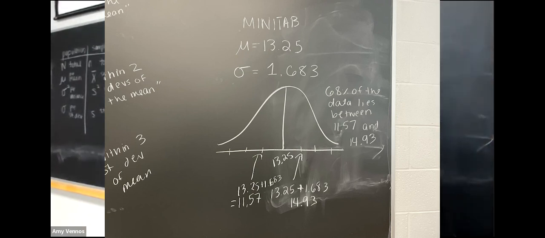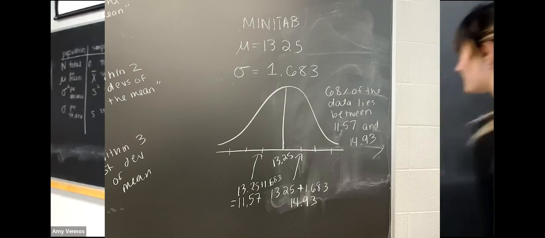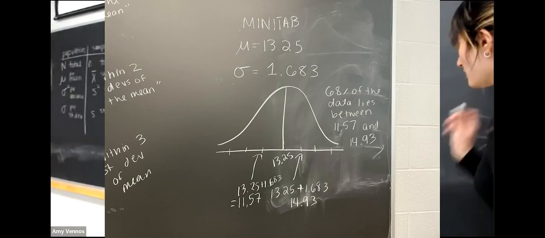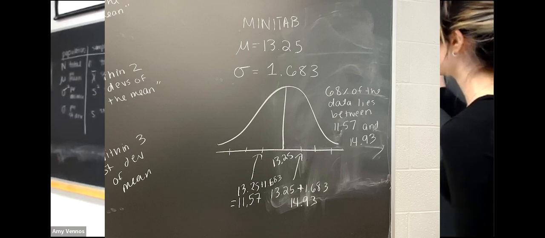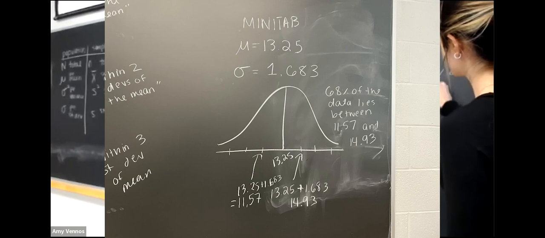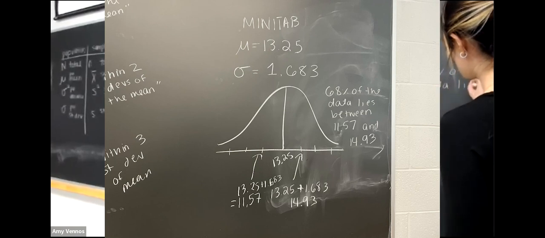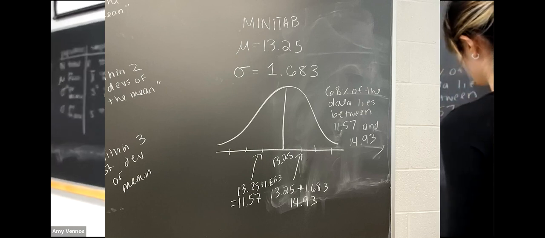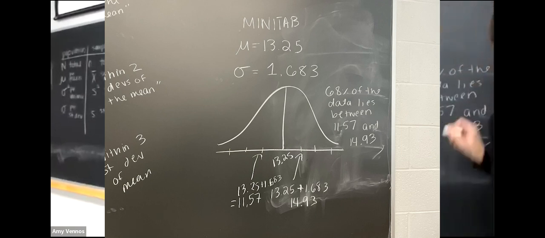Over here, we could subtract. So plus 1.683, and that gives us 11.57. Okay. So using the empirical rule, or the rule that we just figured out, we know that 68% of the data lies between 11.57 and 14.93.